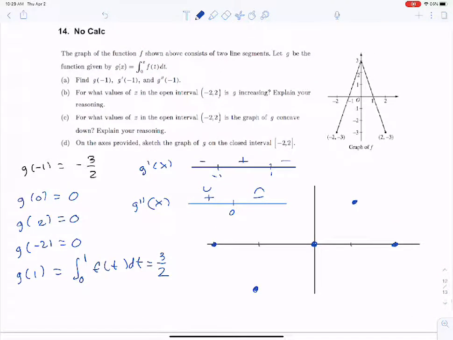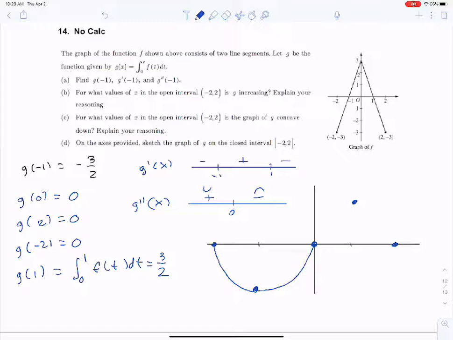We've got our points. So we should be decreasing all the way to -1, and it should be concave up. It should be increasing from -1 to 0, still remaining concave up.